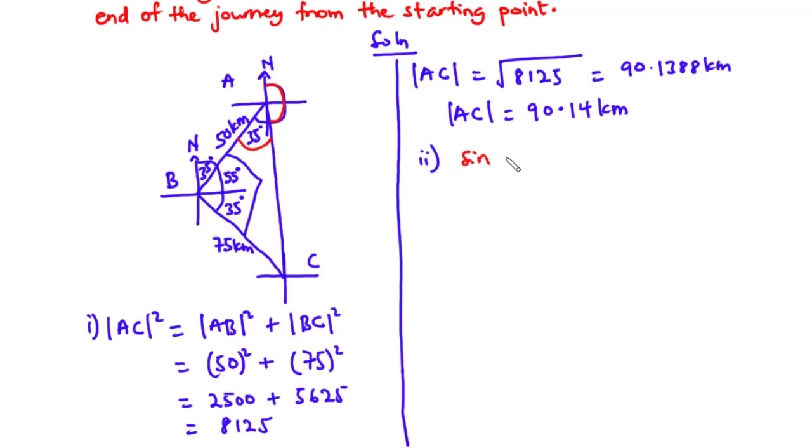So according to the sine rule, sine of angle X divided by the opposite side, which is 75, equals sine 90, this angle that is 90 degrees, divided by the side opposite to it, which is AC, that is 90.1388.